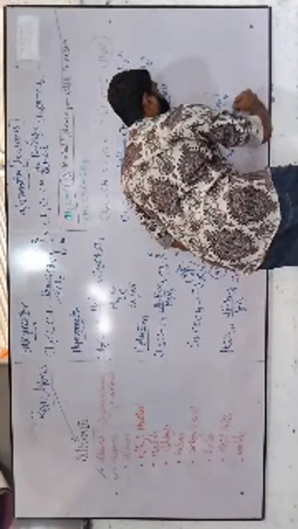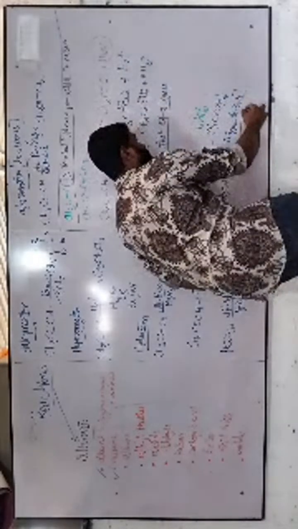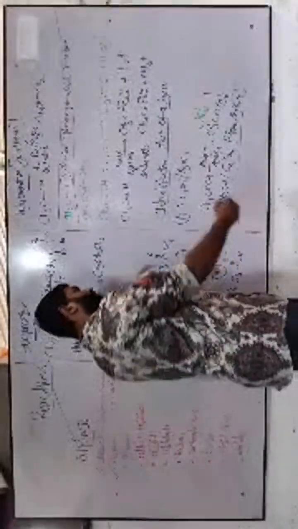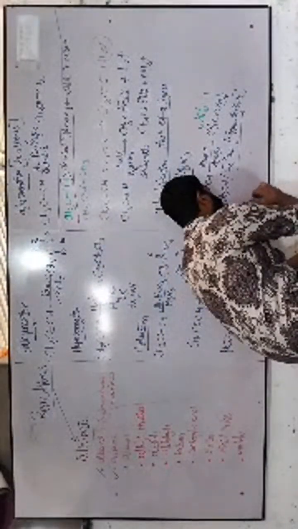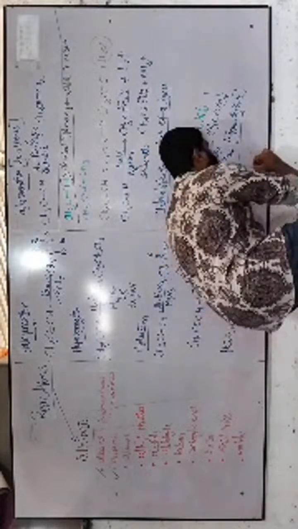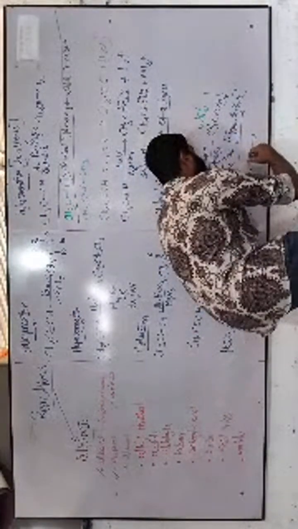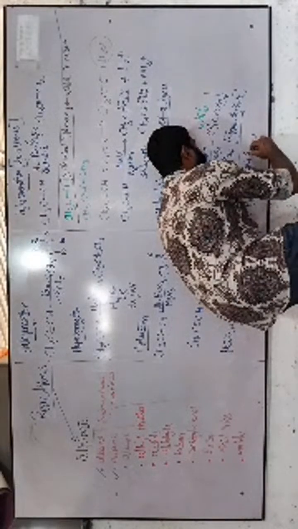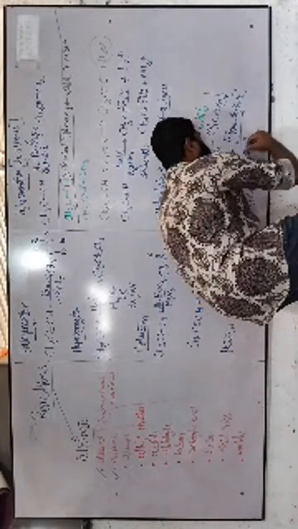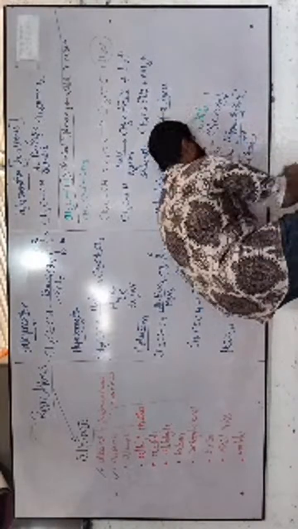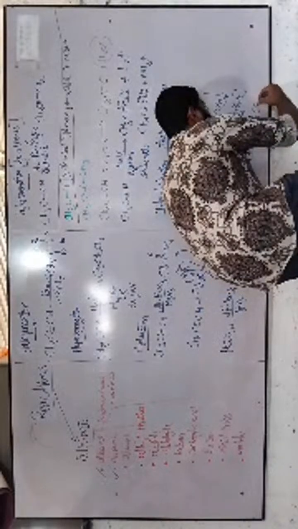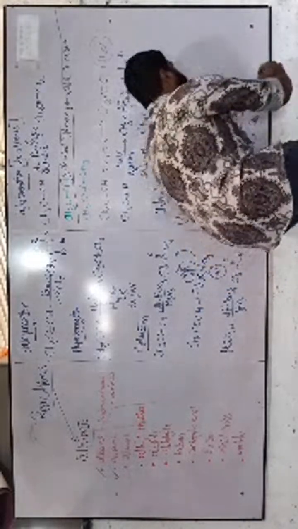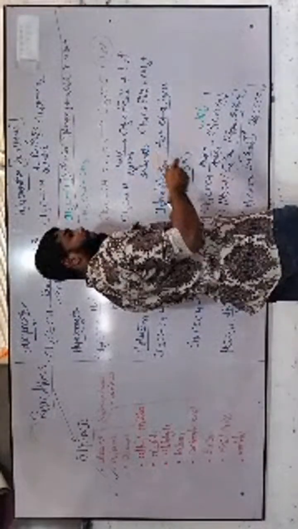So CH3 C triple bond CH, if you use copper tartrate, Cu(NH3)4 2 plus, it will give you CH3 C triple bond C Cu, which is a precipitate again, but the color is going to be a brick red precipitate.